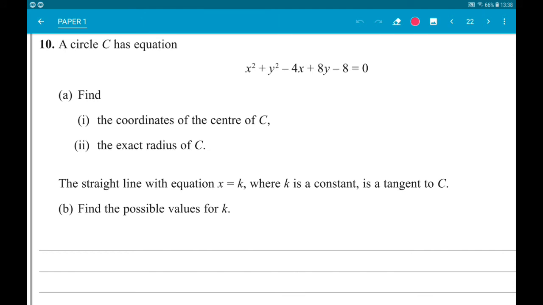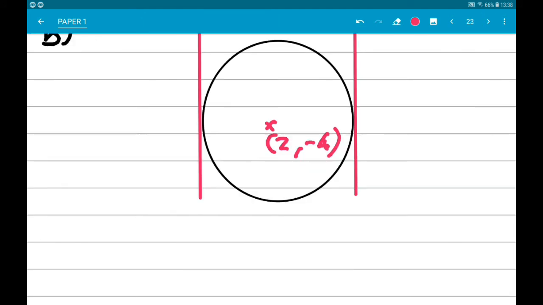So the two possible lines are these guys. So it's either a radius to the left of 2 or a radius to the right of 2. So k can be 2 plus or minus 2 root 7.